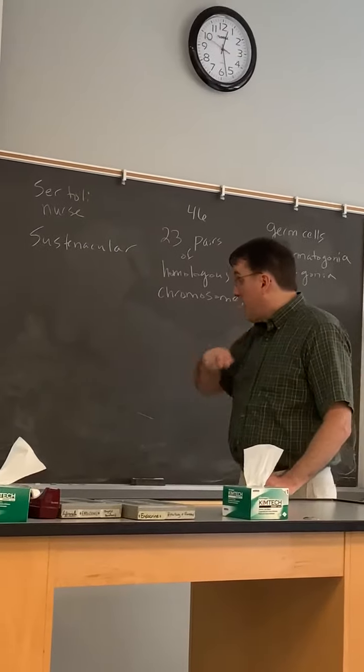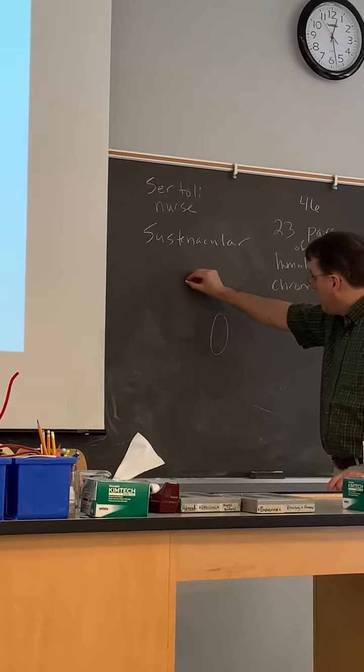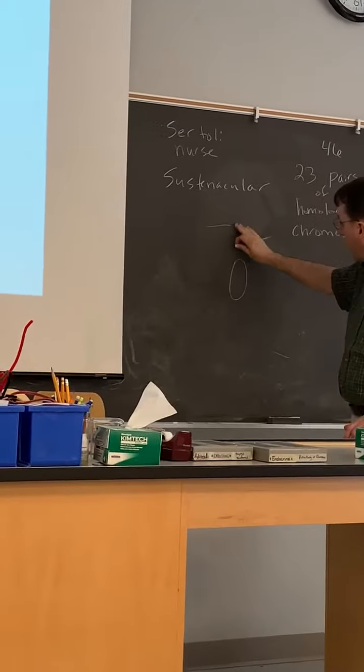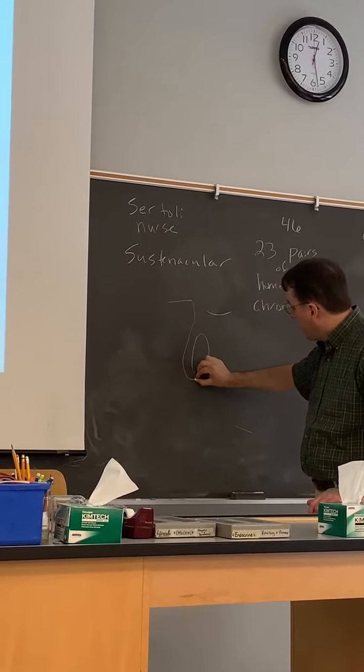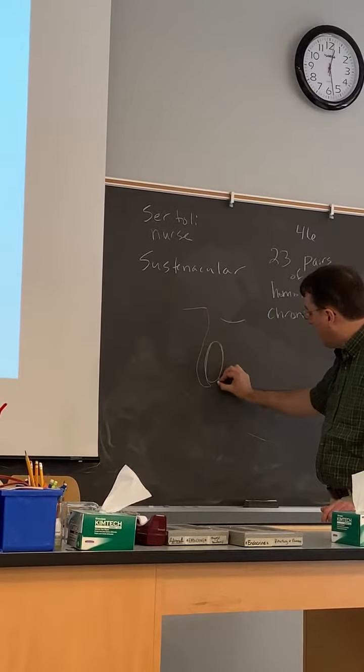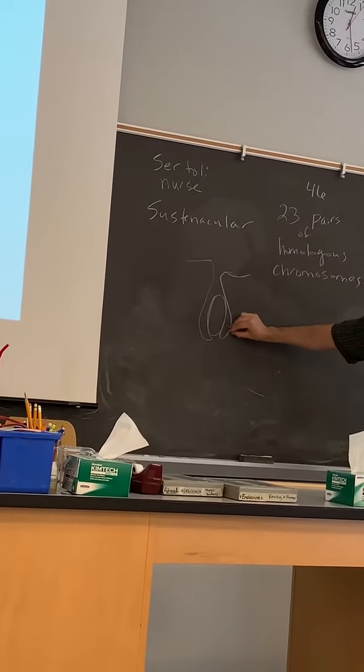Okay? So we've got this parietal peritoneum. So let's say this is the testis. What it does, so there's your parietal peritoneum. What it does is it turns and it wraps itself around the testis like this and then goes back. And that creates a little fluid-filled space here.